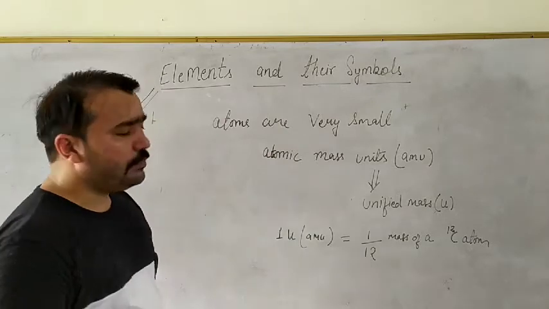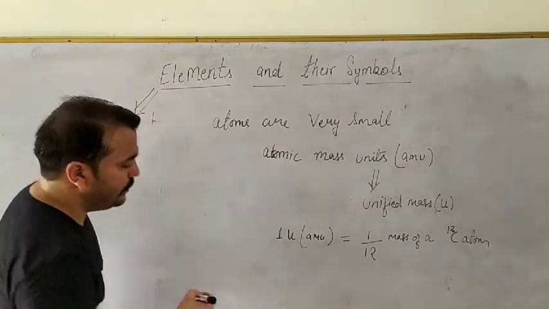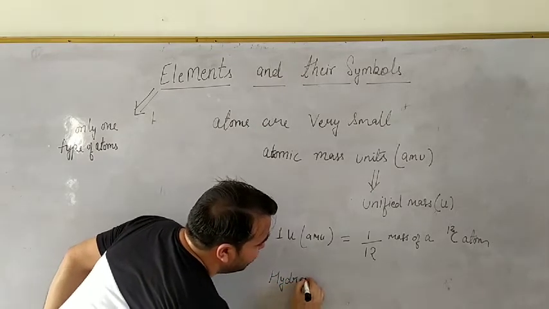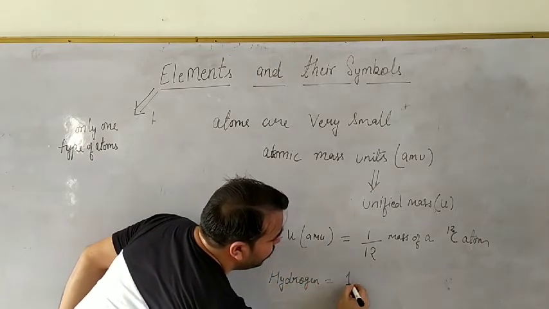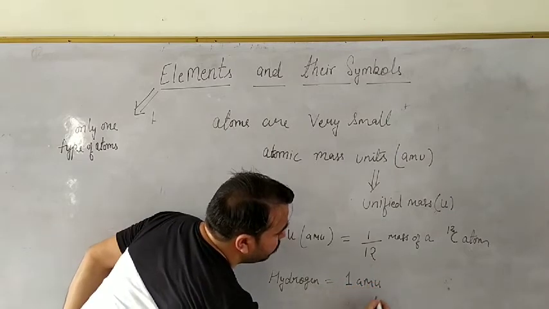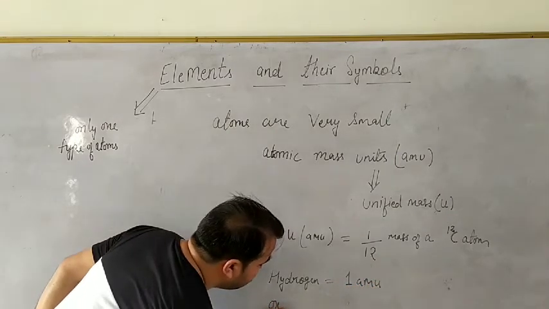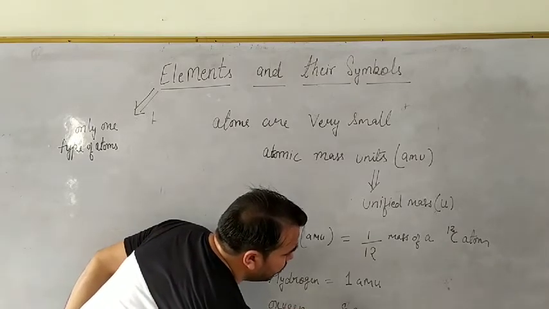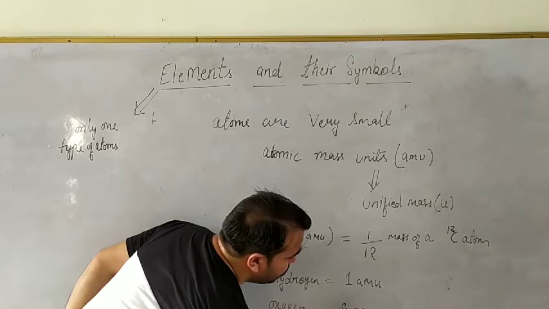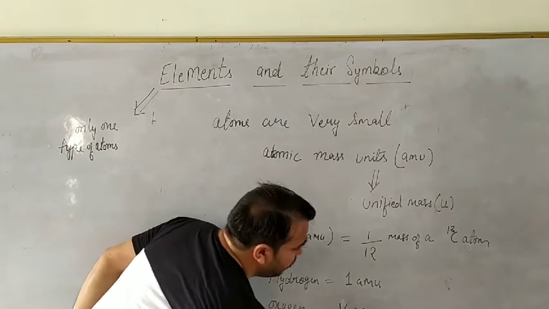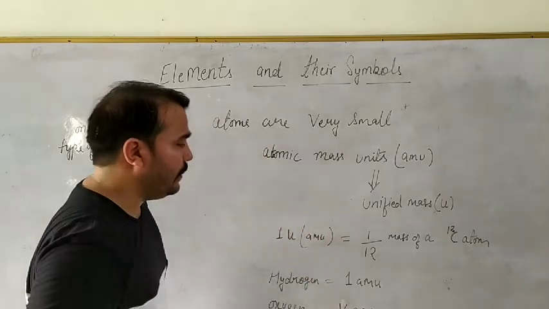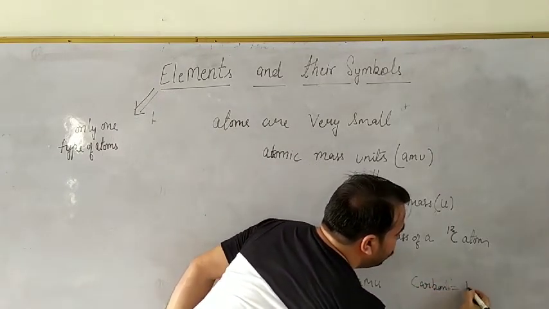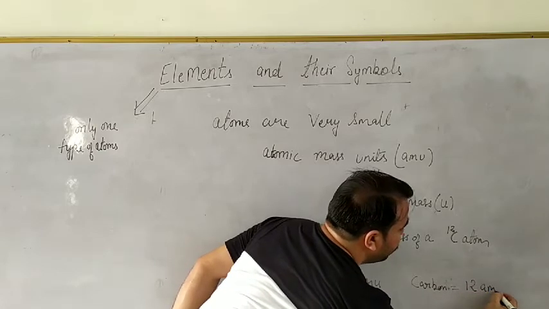So the masses of some of the common elements: hydrogen is 1 AMU, oxygen is, not 8, 16 AMU, and carbon is 12 AMU.